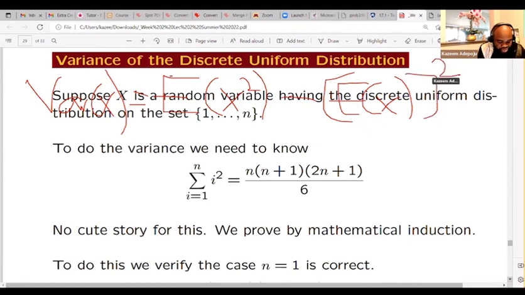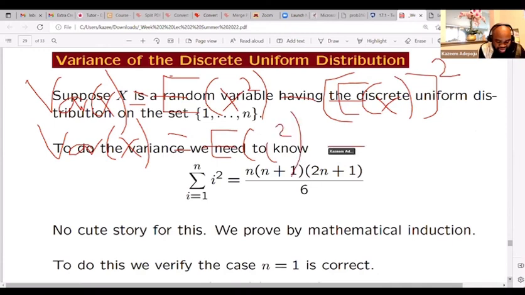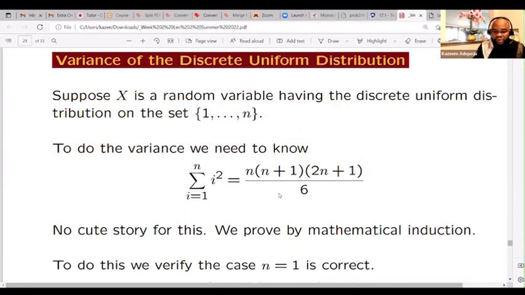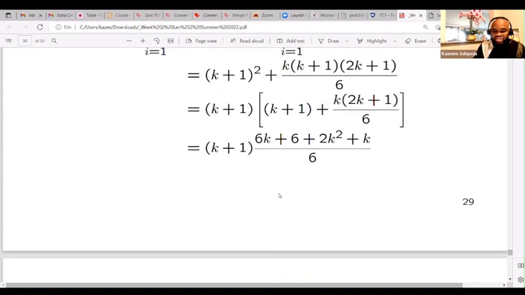So the variance of X equals the expected value of X squared minus, the expected value of X, which we've already found to be n plus 1 over 2. You just square that. But for the summation of i squared, according to the formula for natural numbers, the summation of i squared equals that. Then you just need to make a subtraction.